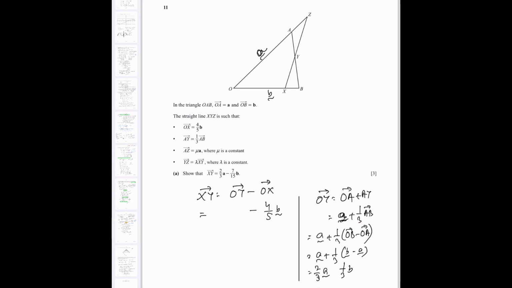So let me write here 2 by 3 a plus 1 by 3 b. Let me simplify 2 by 3 a plus, LCM is 15, 15 and 5, 3 4s are 12 b. So it is becoming 2 by 3 a minus 7 by 15 b. Great, this is short.